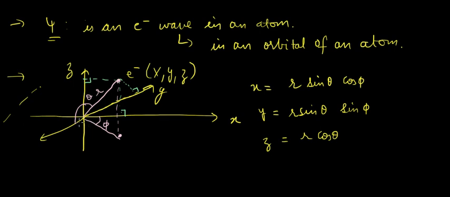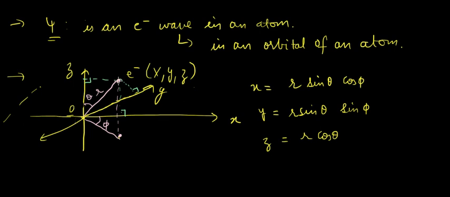Now what we can write here is that this electron is in the air and it makes an angle theta with the z-axis, which is in the air, and when we project this electron on the ground, it makes an angle phi with the x-axis. If we project the position of the electron, the distance from the origin to the electron in polar coordinates is r.